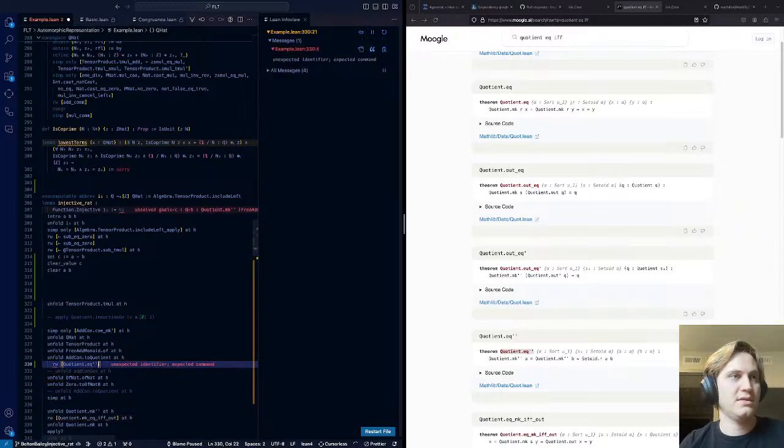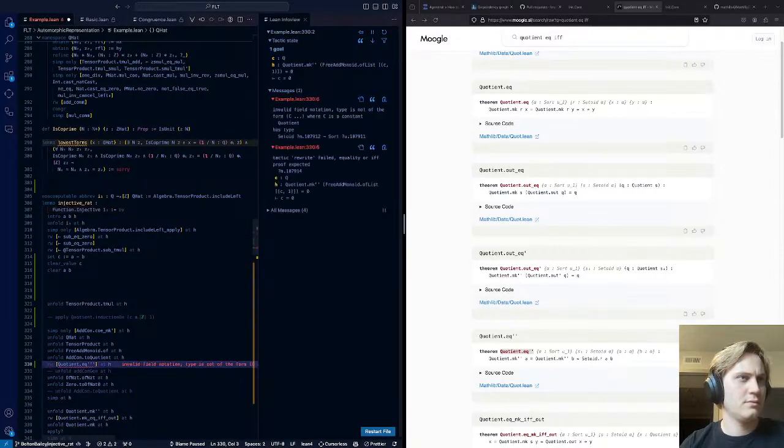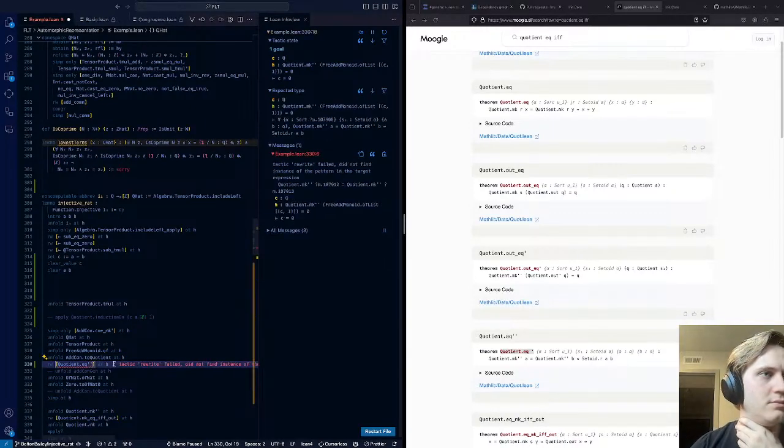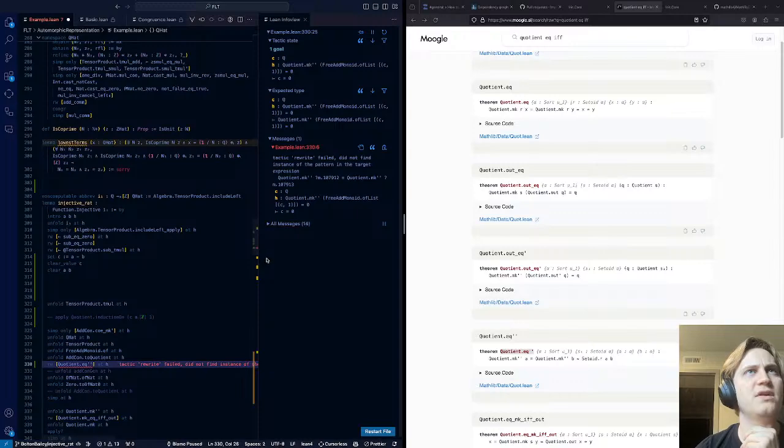What happens if I rewrite this? Did not find instance of quotient.make this equals quotient.make that.